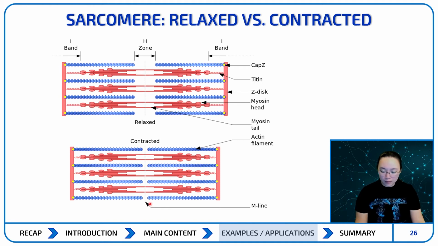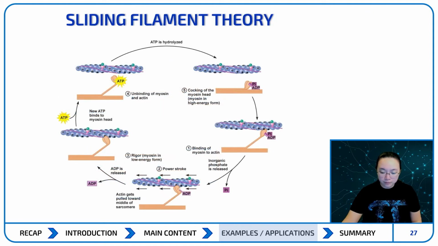Okay, so now we should probably take a look at how this happens. So in order to understand how this happens, we have to turn to something called the sliding filament theory. So this diagram contains a little bit more information than you would have to know, but you need to understand the general idea of this.